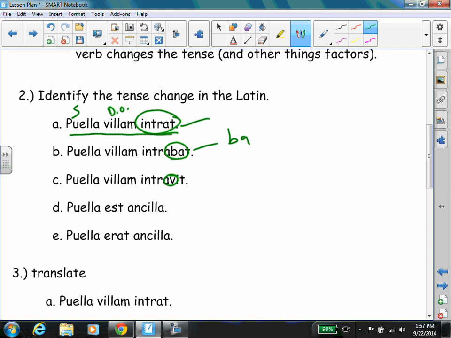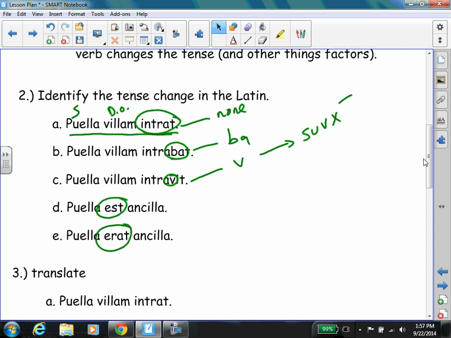Intrat, there is not a tense marker, so it doesn't have one. Here, it's the V. And remember, for the perfect tense, we can have an S, a U, a V, an X, or a long mark over the vowel right before the ending syllable.